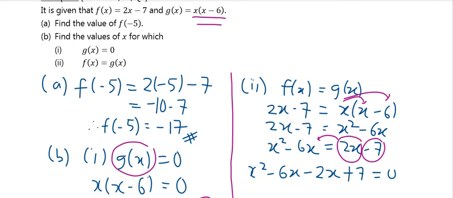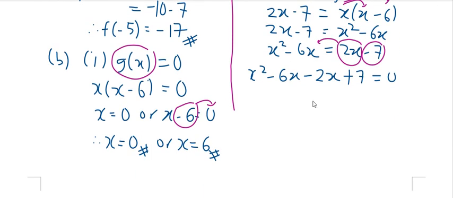Now here, if you remember, you have to simplify this, and it will be familiar to you later. Right, so let's do it. x squared and then negative 6 minus 2 will be negative 8x plus 7 equal 0. Now this one is a quadratic equation, so you have to solve this by using the method that you can use.